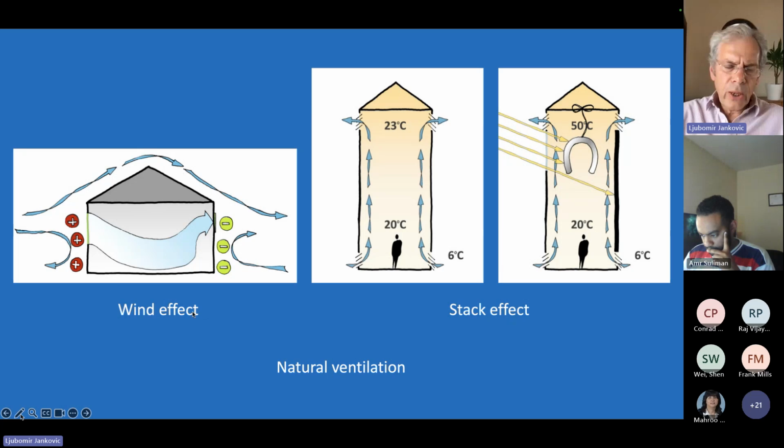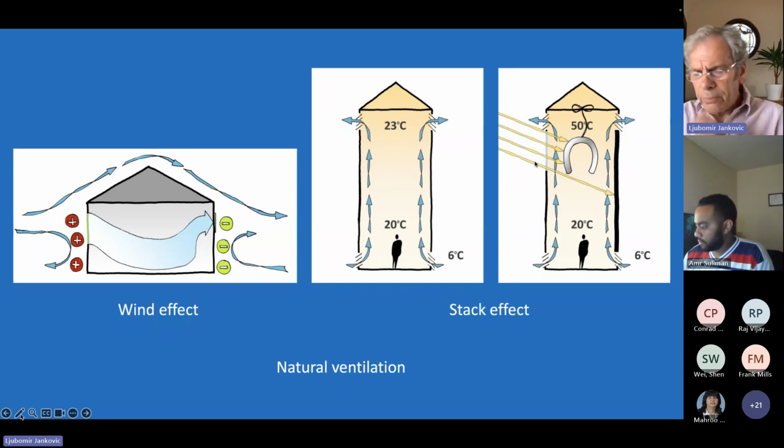There's wind effect, which is based on pressure difference between the windward side and leeward side, and that pressure difference drives the air through the building. Or we have stack effect, where we have a buoyancy of air and temperature difference between base and top of a tall space, and that buoyancy of air will drive the air circulation upwards if we create openings and open them at the base and top.